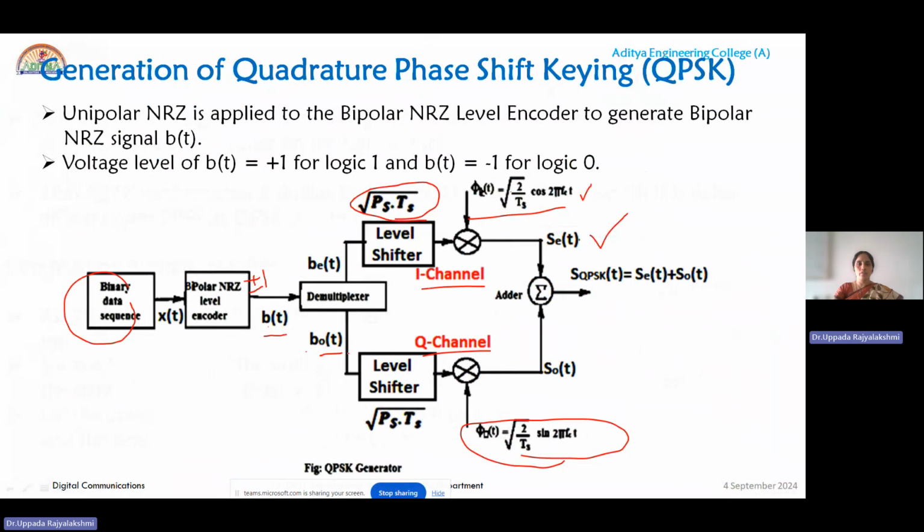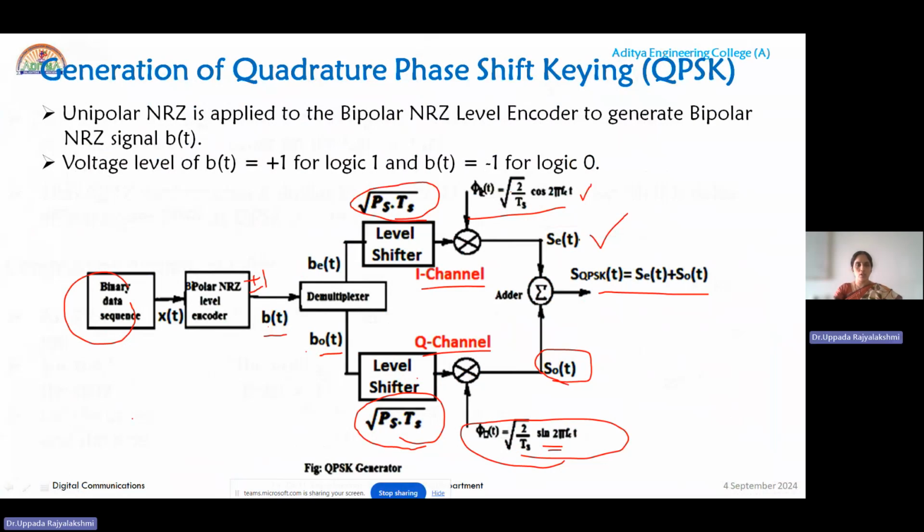Similarly, b o of t in the Q channel is raised by a magnitude of root Ps Ts with the help of a level shifter and multiplied by the quadrature carrier, root 2 by Ts sin 2 pi fct. The sine represents the quadrature phase, which can be obtained by applying the in-phase carrier to a Hilbert transform. Let s o of t be the output of the Q channel. Now the two sequences s e of t and s o of t are added to produce the quadrature phase shift keying modulated signal.